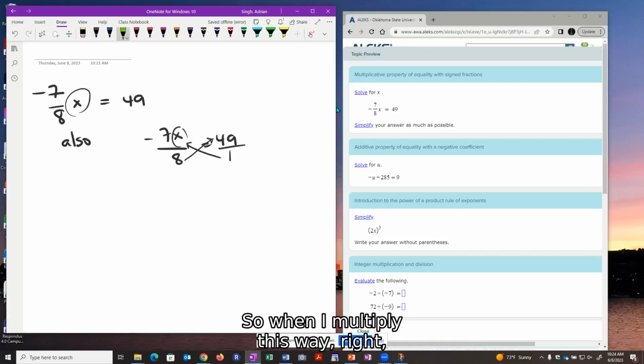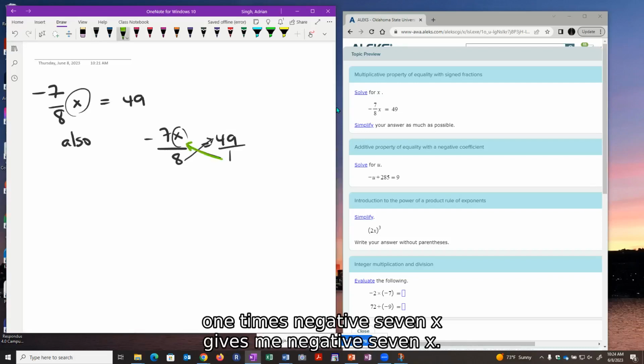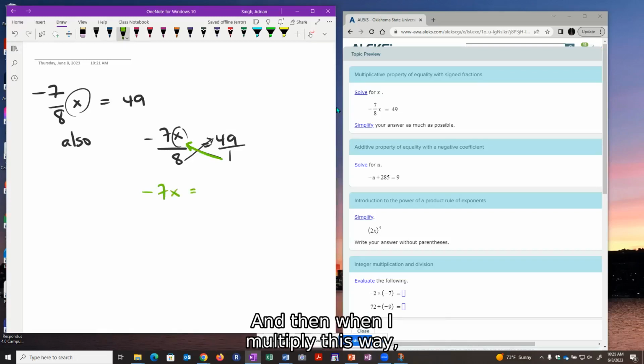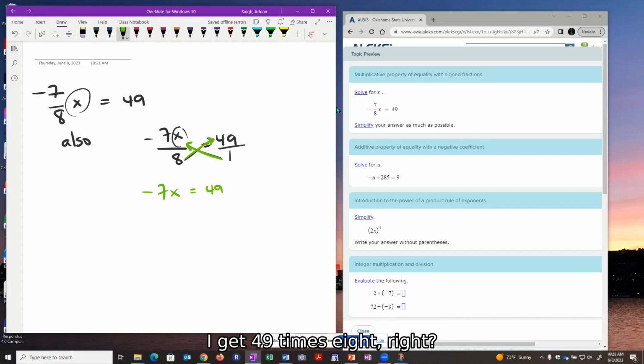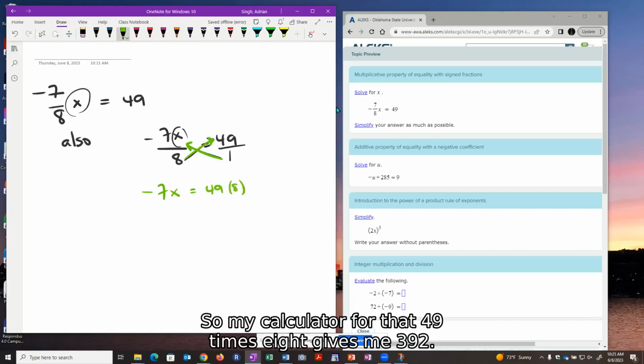When I multiply this way, 1 times negative 7x gives me negative 7x. And when I multiply this way, I get 49 times 8, right? I might need a calculator for that. So 49 times 8 gives me 392.